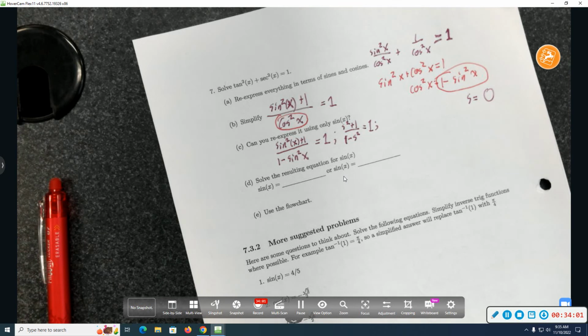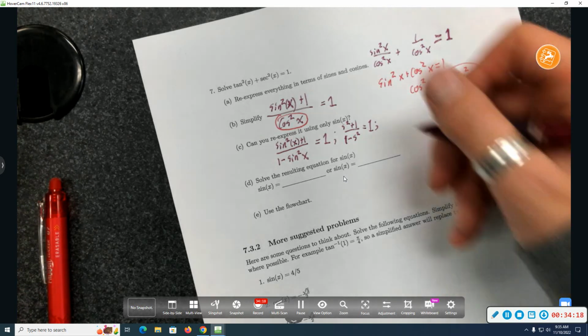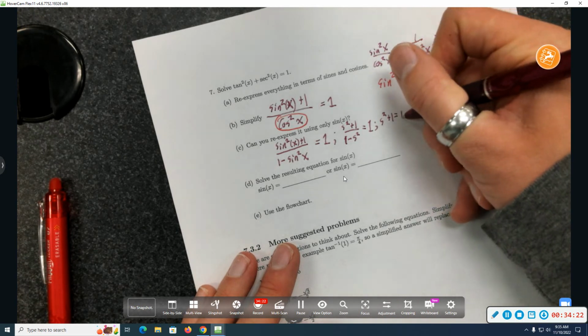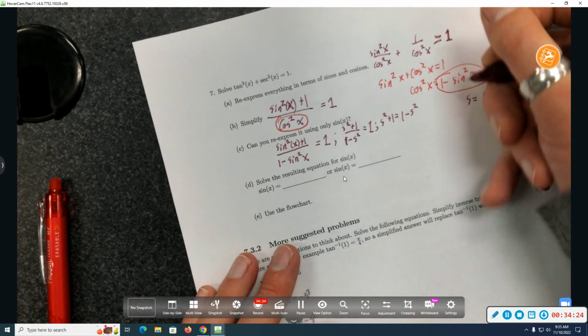So what's the first step that you did to get s equals 0? What's the first simplification? Yeah, clear the denominator, multiply by the thing on the bottom. So multiplying by the thing on the bottom, you will get s squared plus 1 equals 1 minus s squared.